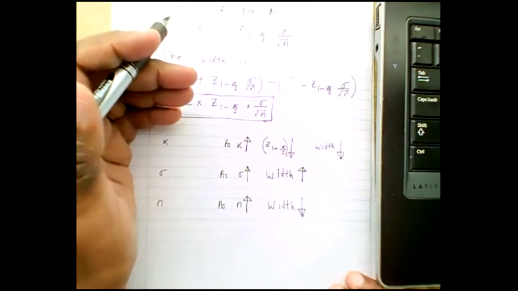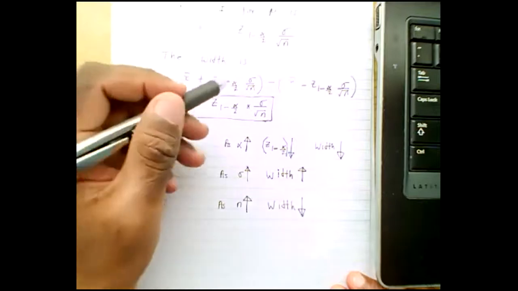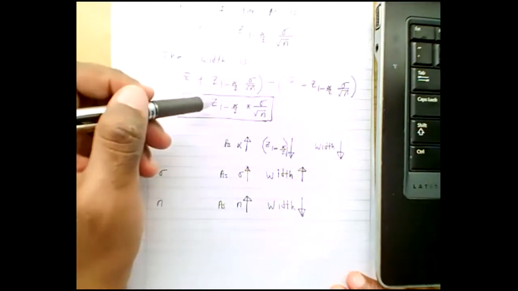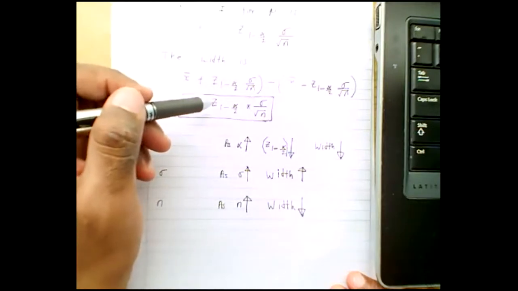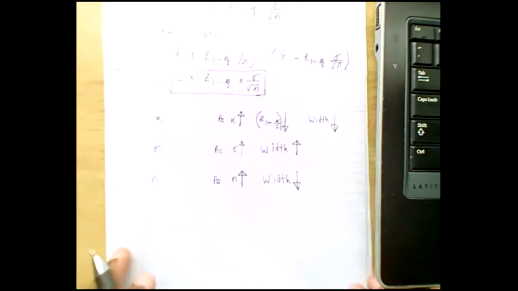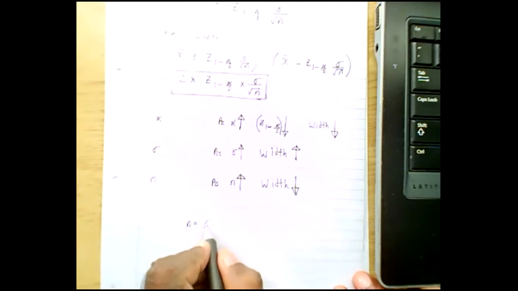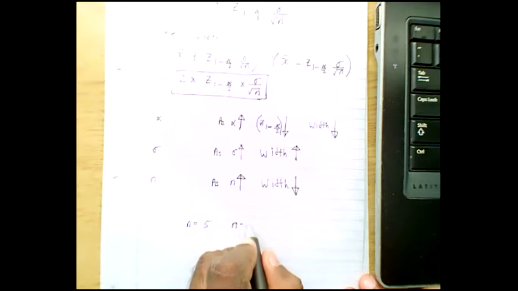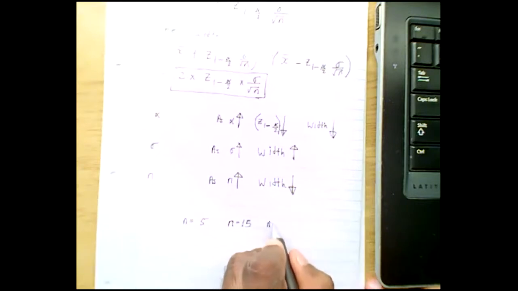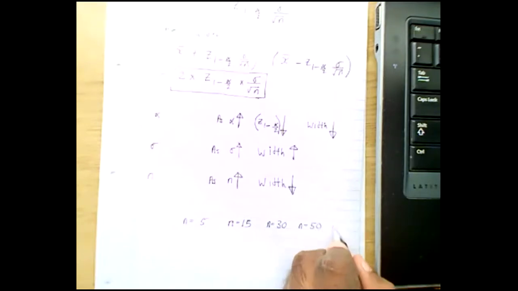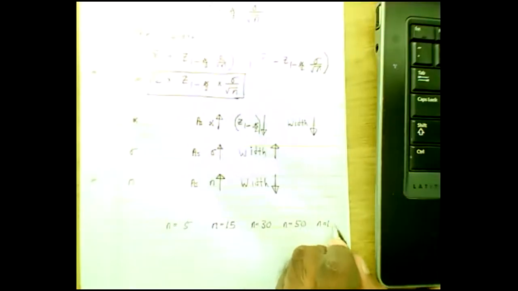Okay. The next part of question 4 is asking you to tabulate values of this width for different values of n and alpha. If you read the question, it says to consider the following values: n equal to 5, n equal to 15, n equal to 30, n equal to 50, and n equal to 100.